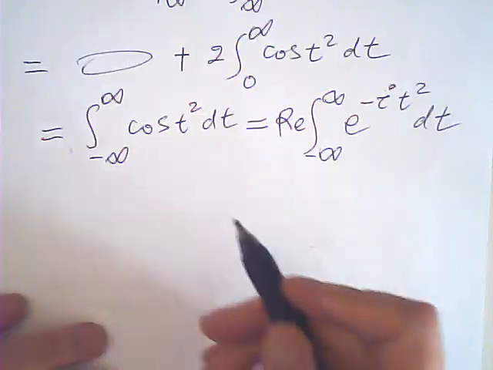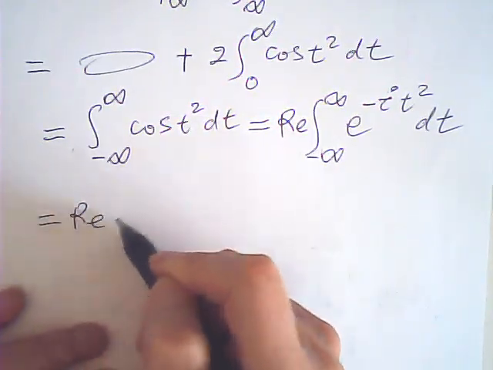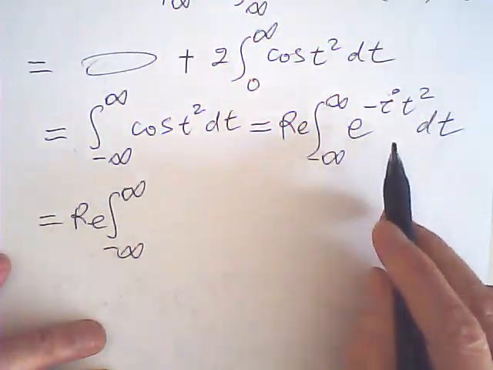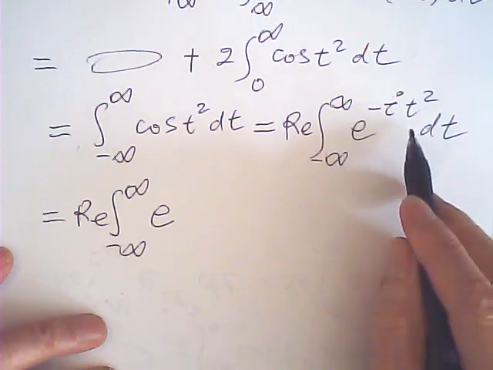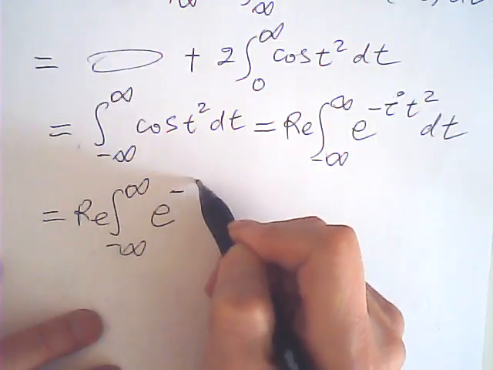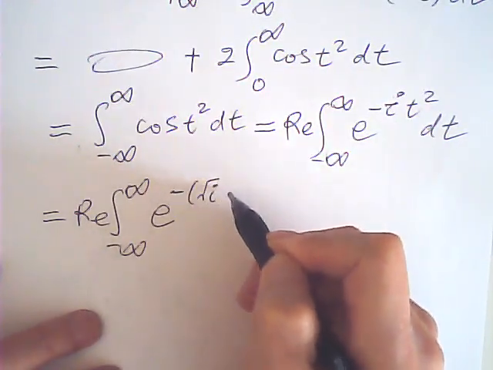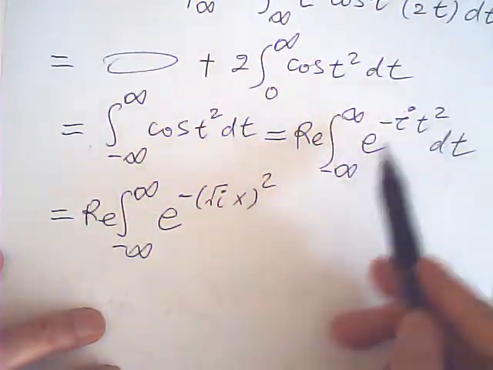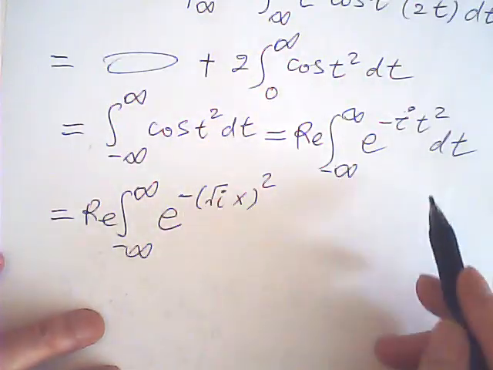That's correct. Then this one is equal to the real part of the integral of e to the negative square root of i times x squared. So this one is equal to this, isn't it?